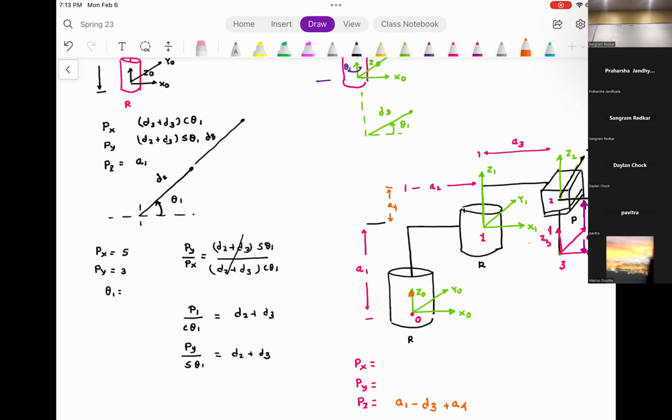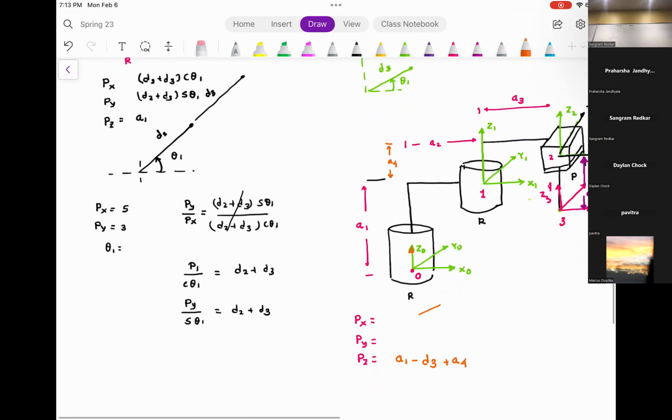Can you see that this is the first revolute joint, this is the second revolute joint? If you look from top, this is just like a pendulum, a compound pendulum. Remember? So this is theta 1 and this is, actually I need to draw properly, theta 2.